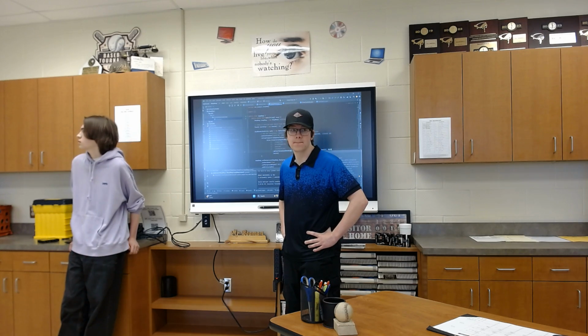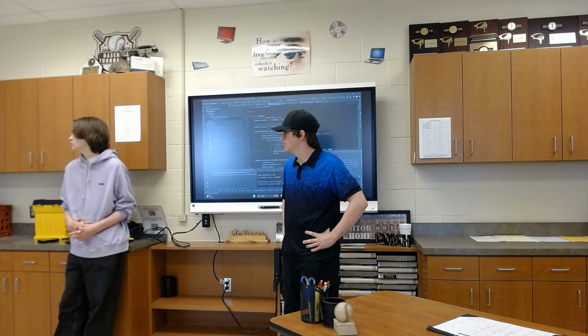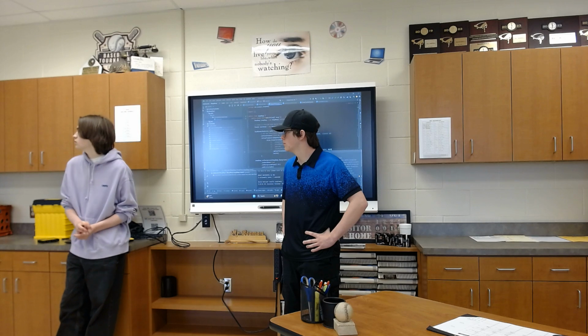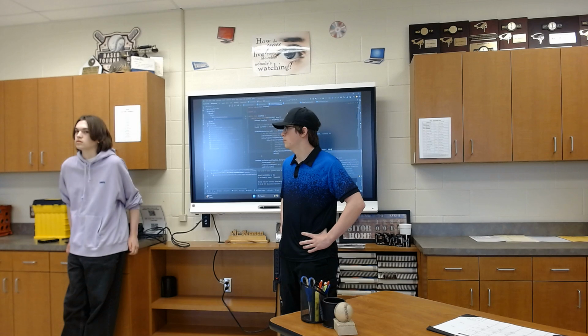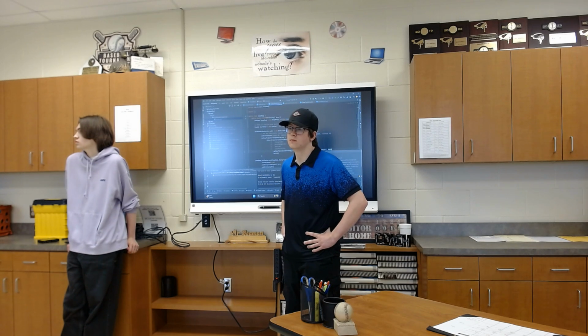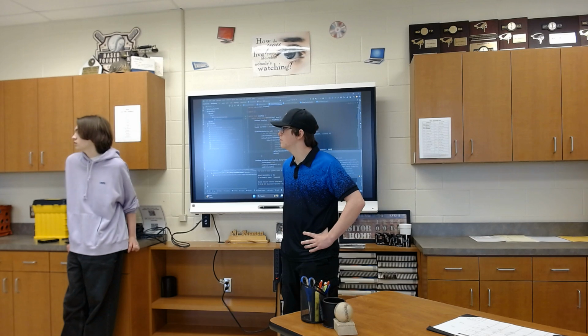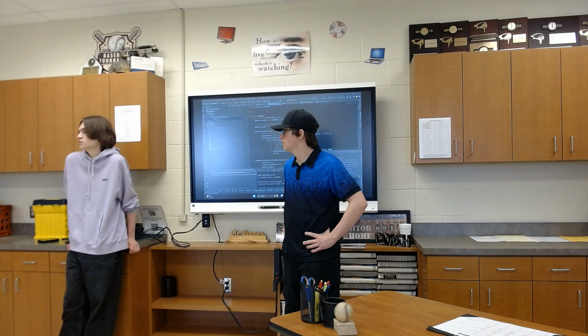So what I would like to emphasize is, if you want to set a goal for programming, getting to Roadrunner and being able to understand the motion planning libraries and stuff like that is going to be killer in your autonomous, and it's really one of the best things you can work towards. Usually one of the best ways to optimize your auto.